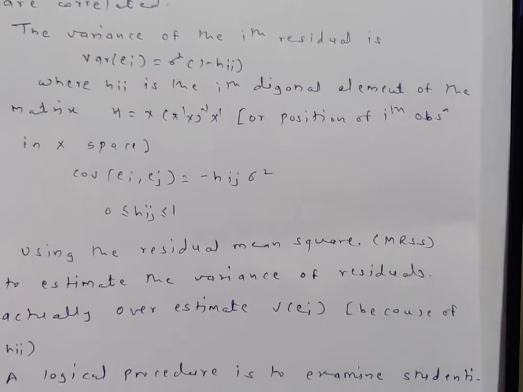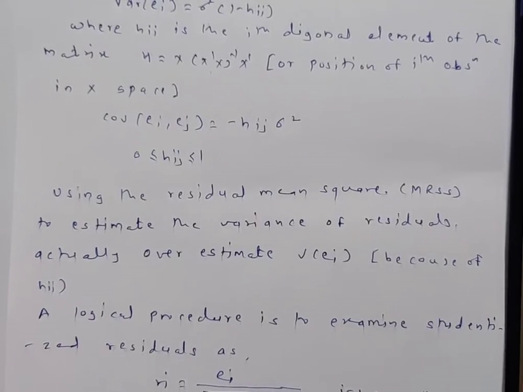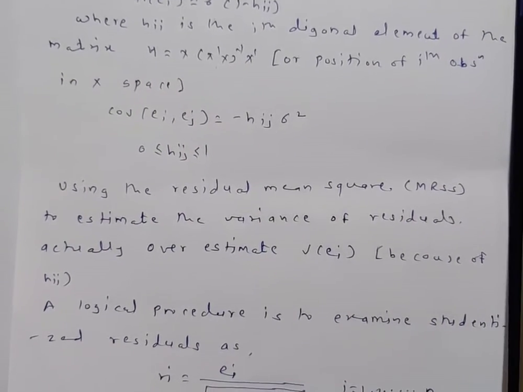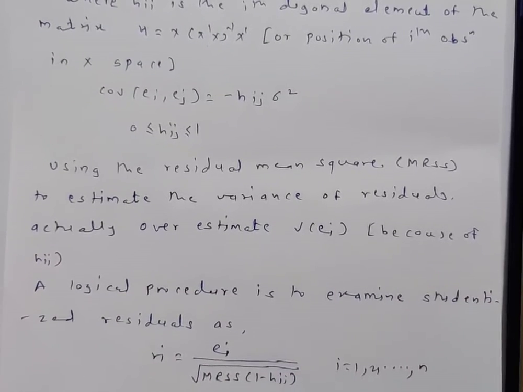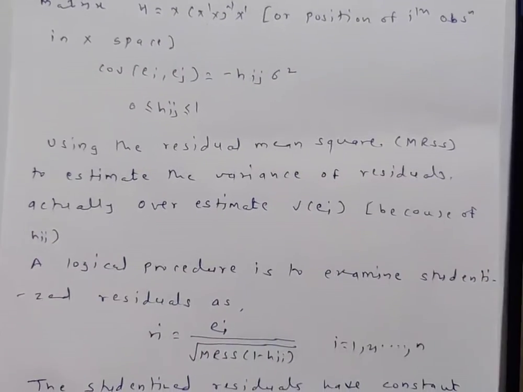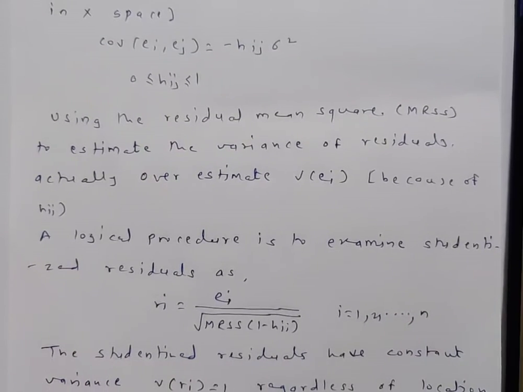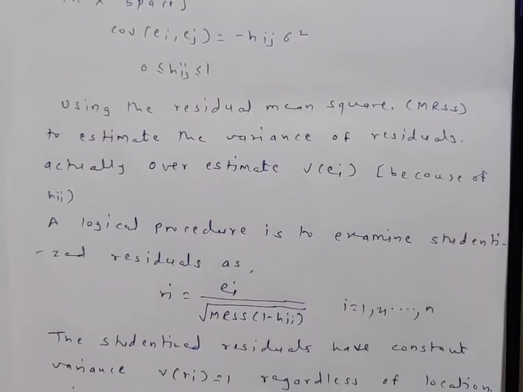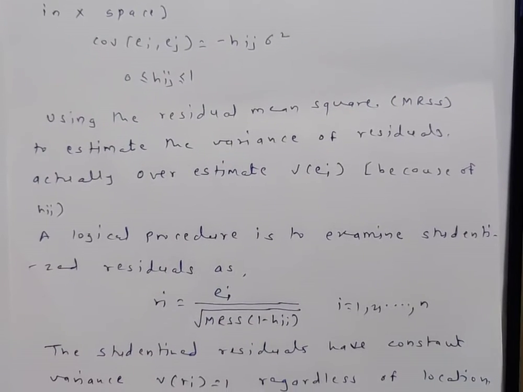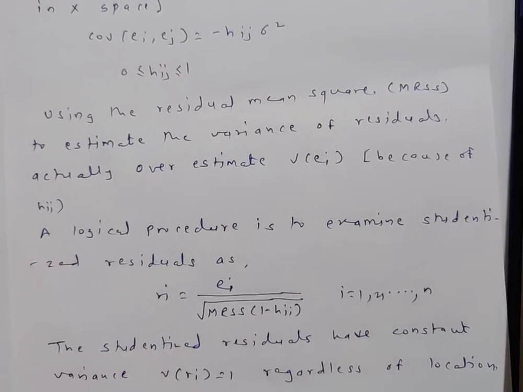So a logical procedure is to examine the studentized residual r_i equal to e_i divided by square root of MRSS into (1 minus h_ii), i varying from 1 to n. The studentized residuals have constant variance, that is variance of r_i is equal to 1 regardless of the location x_i.